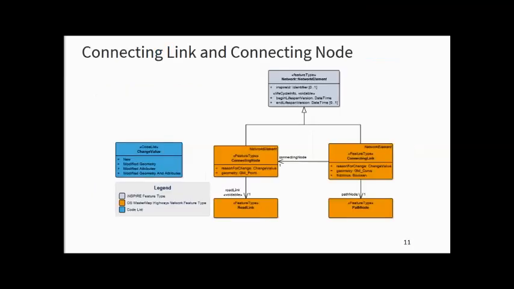Now, to explain a bit more on the attribution side of things, you can see now the diagram on the screen for both connecting node and connecting link. It also shows how the connecting node basically relates back to the road link, whereas the connecting link relates back to the path node.